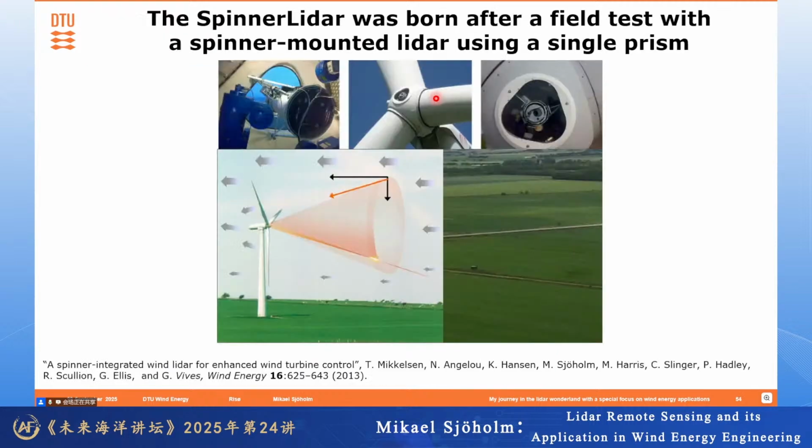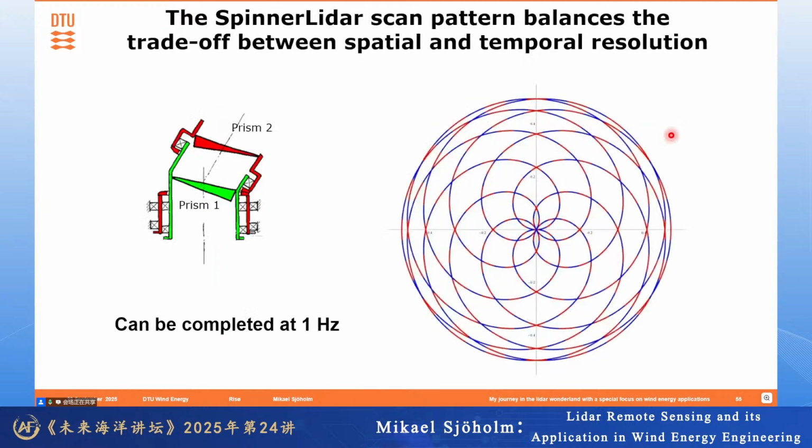And for doing that, we developed something based on this mechanism of two prisms that can rotate. In this case, it's a simplified one that rotates at a fixed speed with a particular gear ratio that makes this scan pattern, like a rosette, taking measurements from a lot of different points.